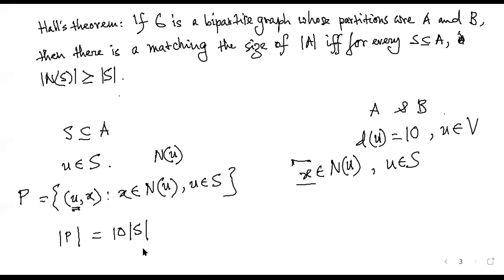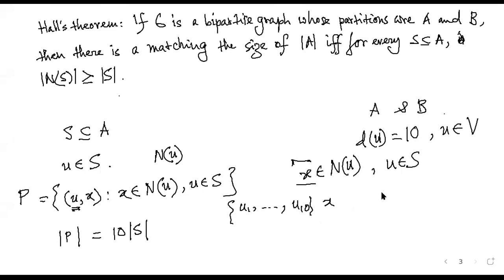If X is connected to, say, U1 to U10, then maybe a subset of these is in S, maybe all of them are in S. But there are no more than 10 edges connecting X to elements of S. Is this clear?